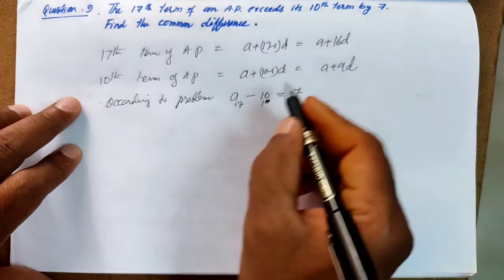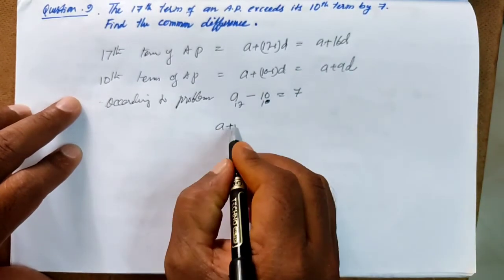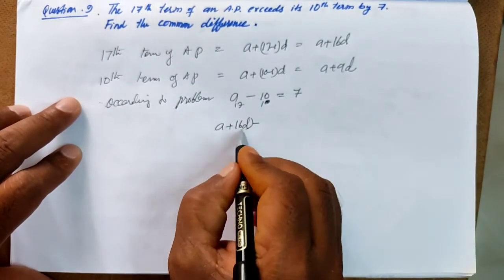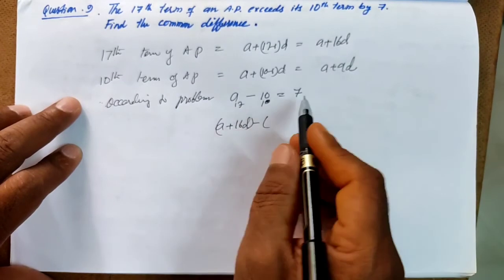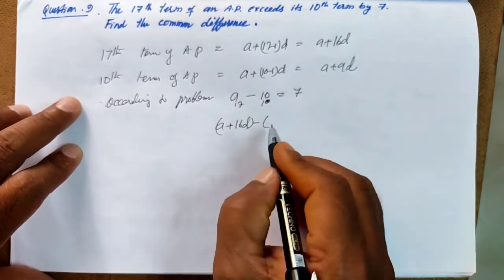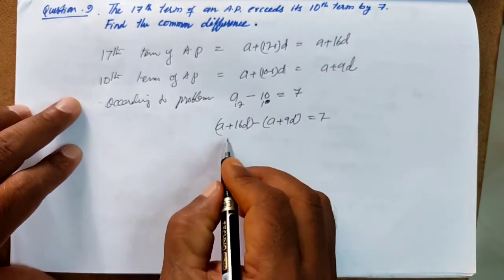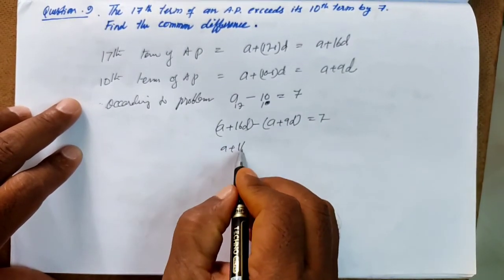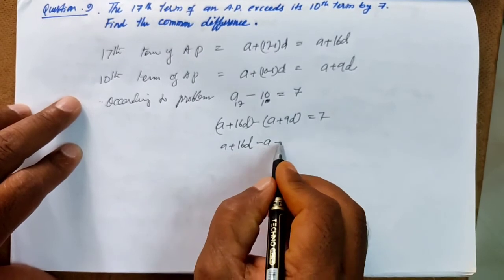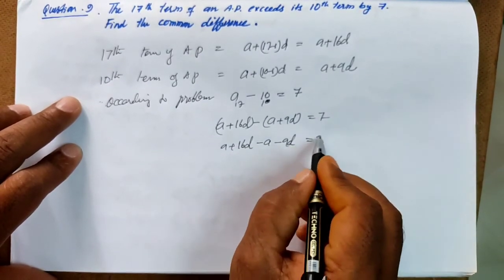So the 17th term is a plus 16d, minus the 10th term, a plus 9d, is equal to 7. Now open the bracket. a plus 16d minus a minus 9d is equal to 7.